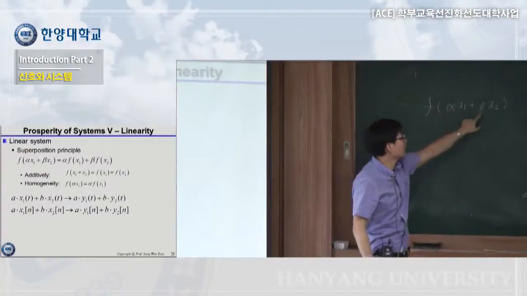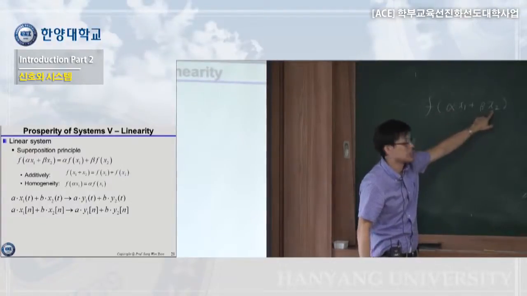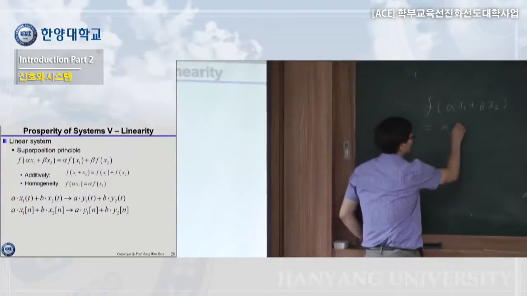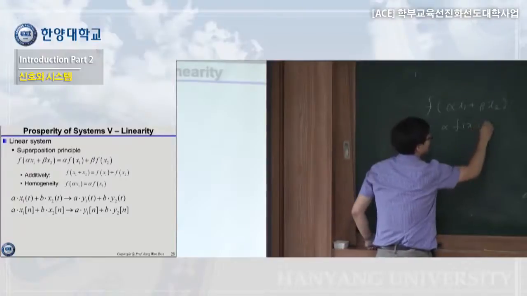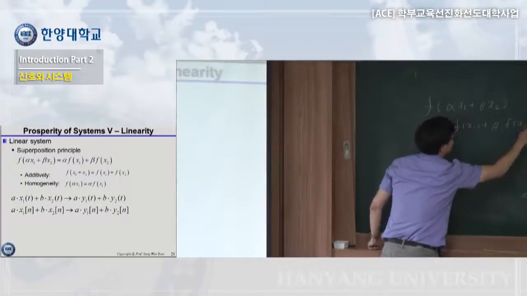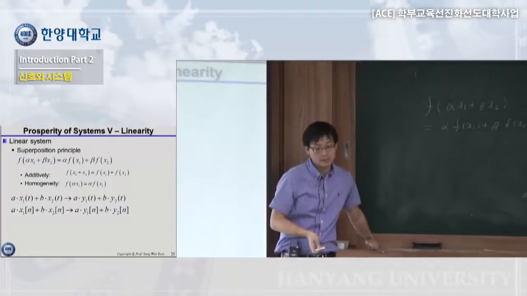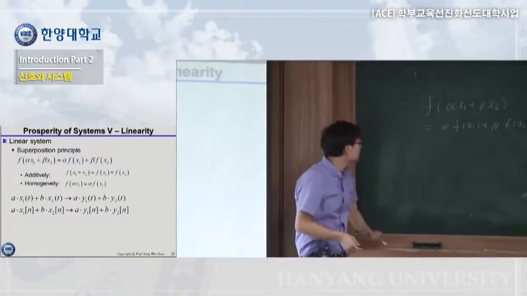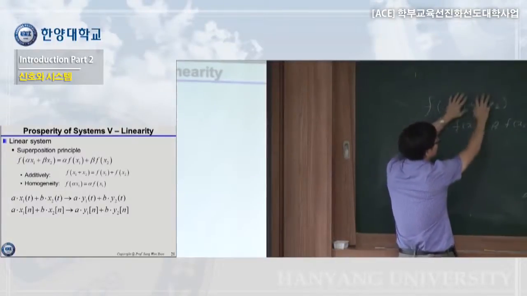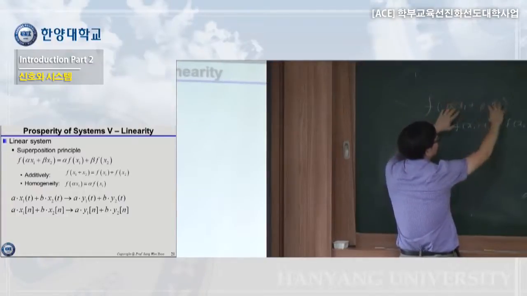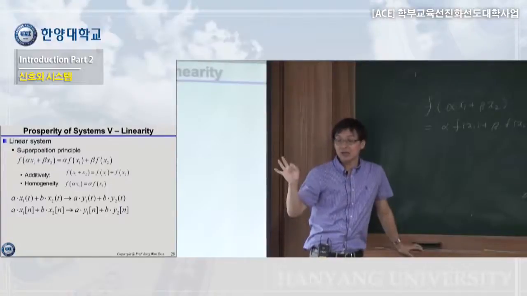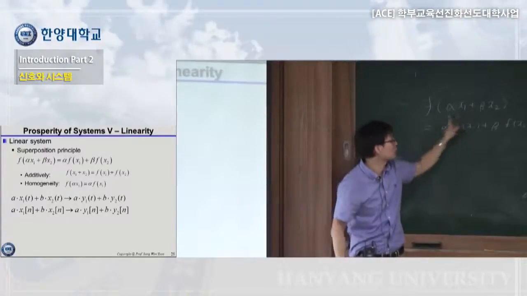where there is a constant or scale factor on x1, x2, which are inputs. If you can do that in the way like this, meaning that we can separate the input to the system into the outputs of the system, meaning that we have addition or subtraction at the input.